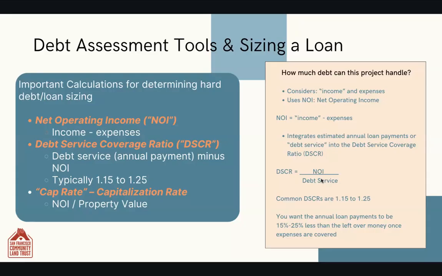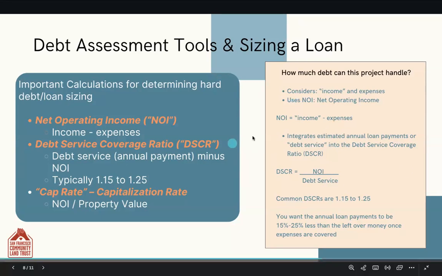We like to call it hard debt. And then a portion of it will have to be equity or soft debt from a government source. And so we want to be able to determine, based on what we've just looked at, the incomes, the expenses for this building, how much debt can it handle, right? So that's the first question.